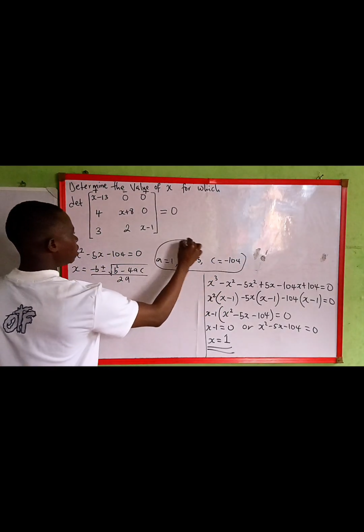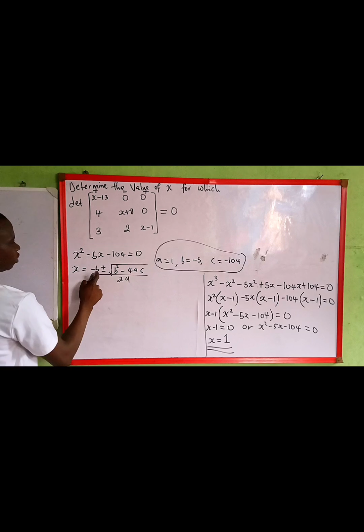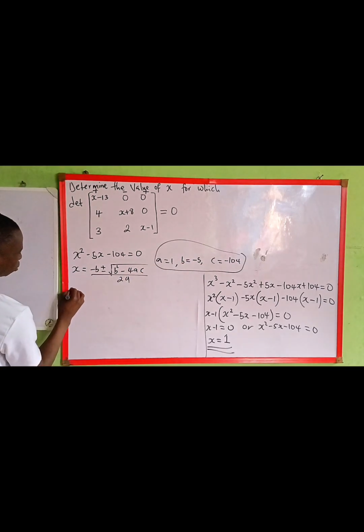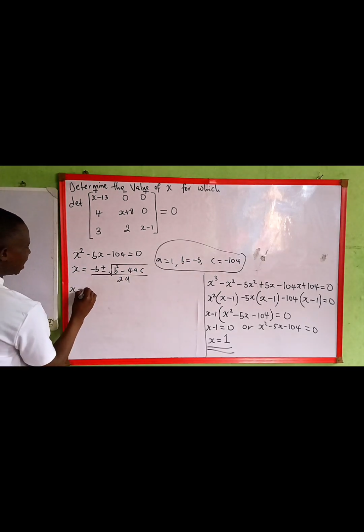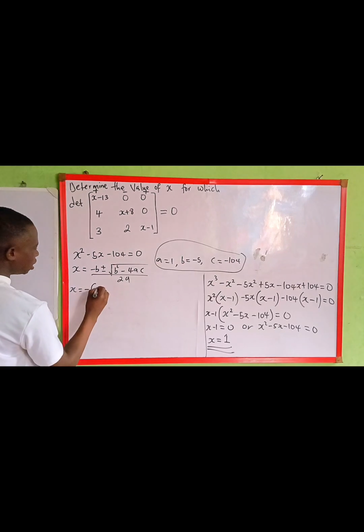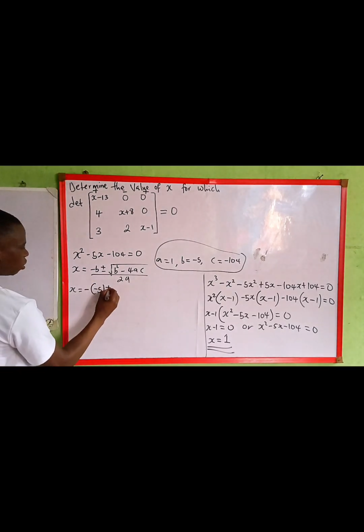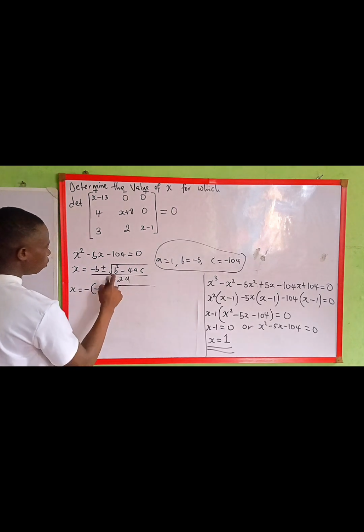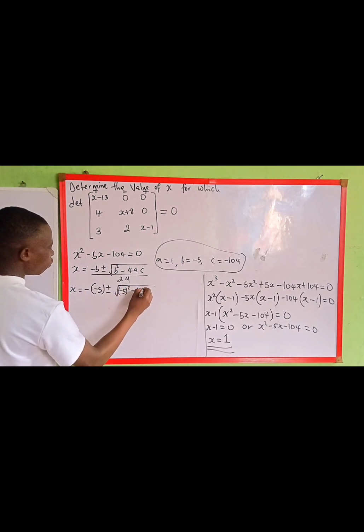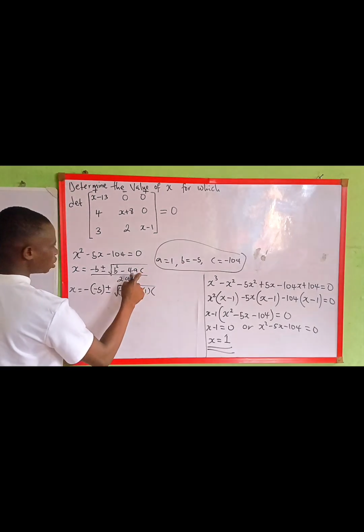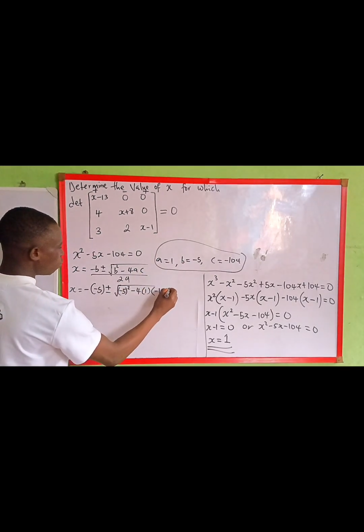Now let's substitute this into the formula. Negative b, and b is negative 5. So x will now be equal to negative times negative 5. Remember, this negative is constant from the formula, plus or minus square root of b squared, which is negative 5 squared, minus 4 times a, which is 1, times c, which is negative 104.